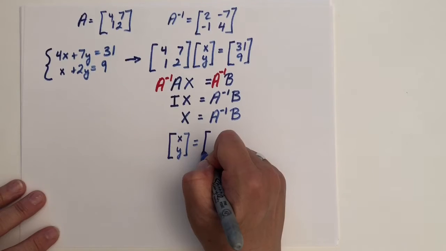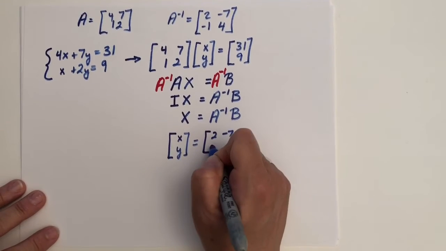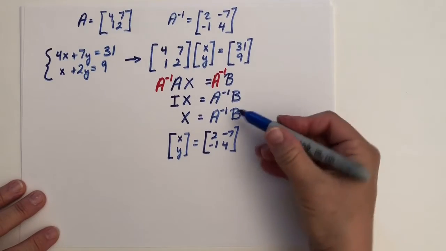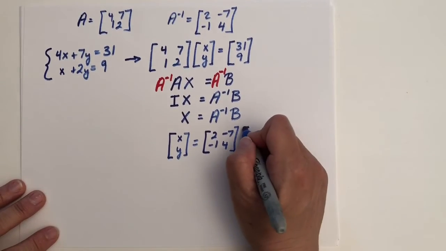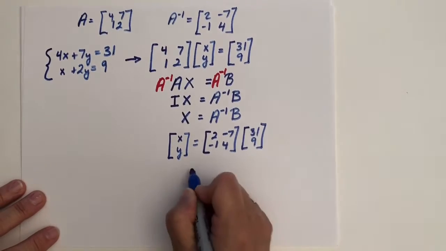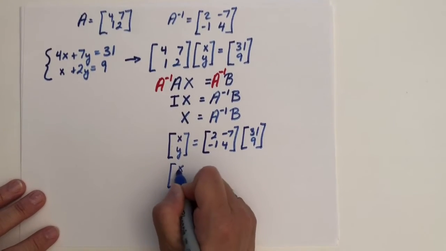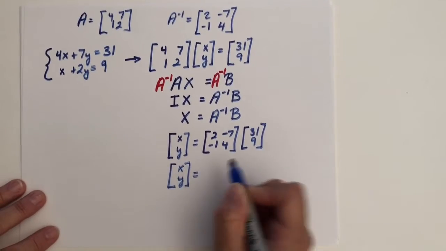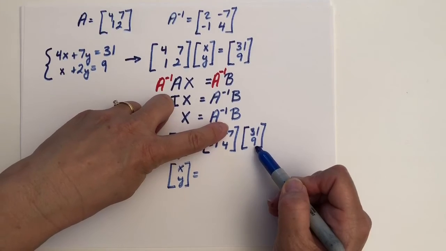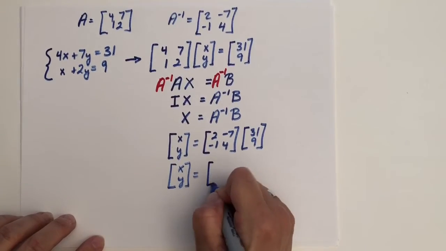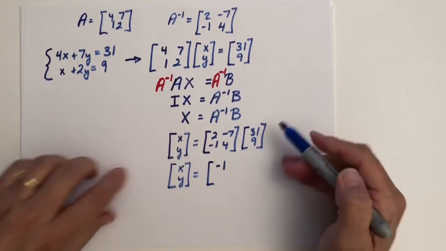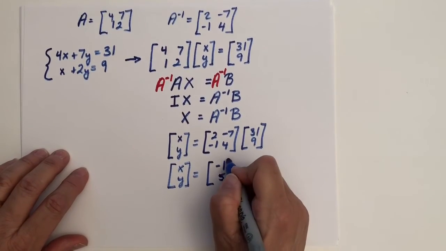Let's write that down. 2, -7, -1, 4, multiplied by B. B is 31, 9. And if we do that multiplication, we would have 62 minus 63, that's -1. -31 plus 36, that's 5.